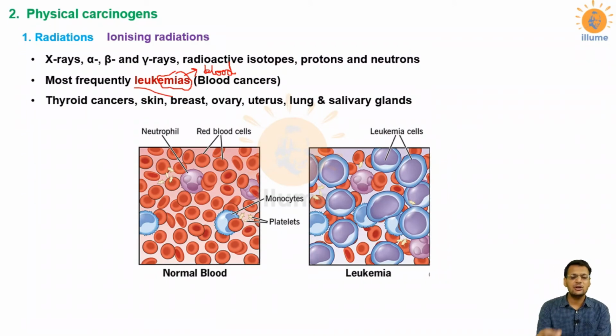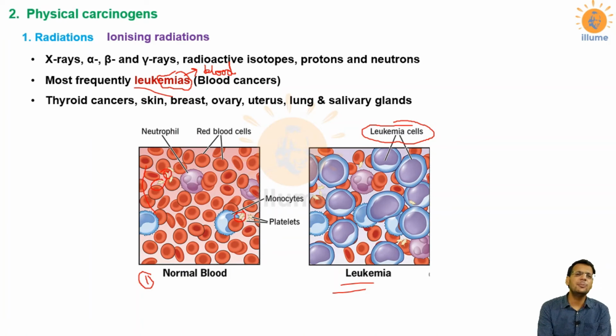You can see a picture of leukemia here. The first picture is of normal blood. You can see plenty of RBCs, these red colored cells, and some scanty WBCs, and these small yellowish cells are platelets. But in the leukemia case, you can see plenty of leukemia cells. Now, what is the problem in leukemia?